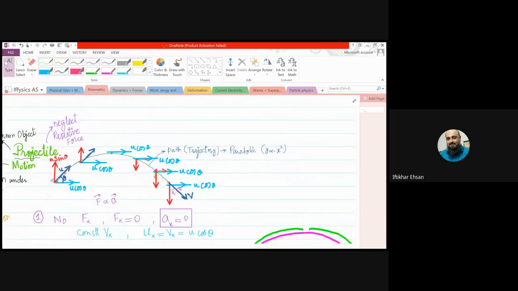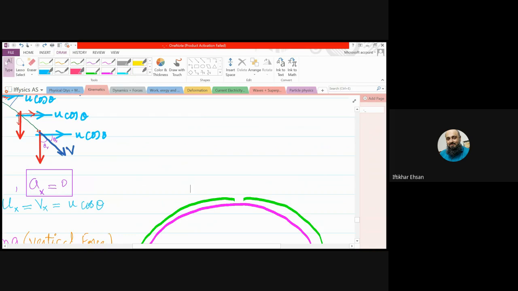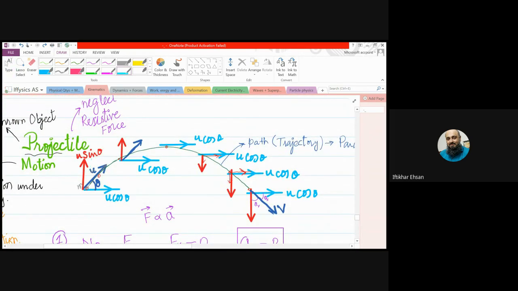When we were drawing, all the horizontal components were the same. You have to focus on the change in the vertical component. Can you see? When the object was rising, the vertical components were getting smaller.